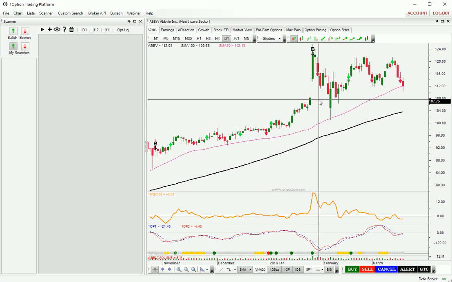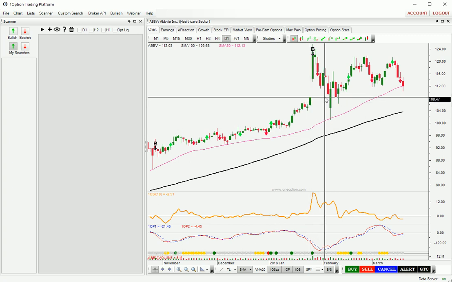This breakout and this support level is something I would lean on, that 108 level. So if the stock pulled back a little bit farther, I'd feel even better about leaning on this. So that's your lesson on how to find bullish put spreads and how to use some of the different criteria in the scanner to do so.